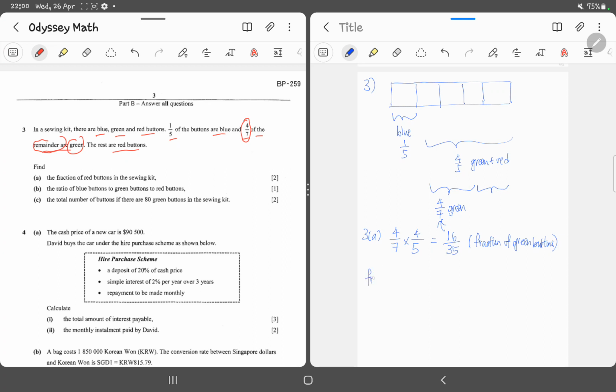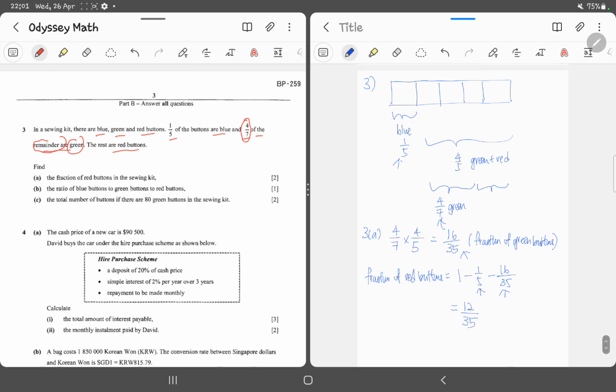So with that, the fraction of the red buttons will be 1 minus 1/5 minus 16/35. Because now these two fractions are the fractions of the blue and the green buttons out of the total. So this gives us, let's see, 12 out of 35. Okay, so this will be the fraction of the red buttons.